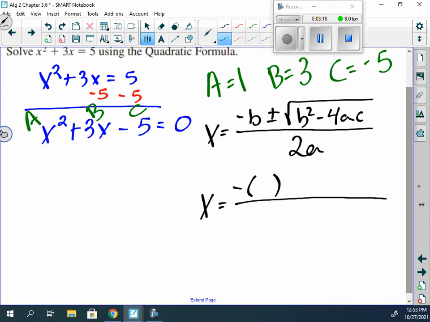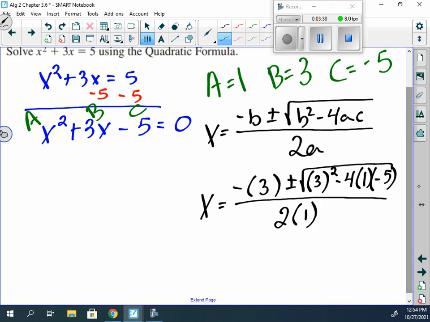What is the value of b? Plus or minus the square root of, well, we just said b is 3, so we'll have 3 squared minus 4. Well, what is a? And c is all over 2 times a. Well, a is still 1.